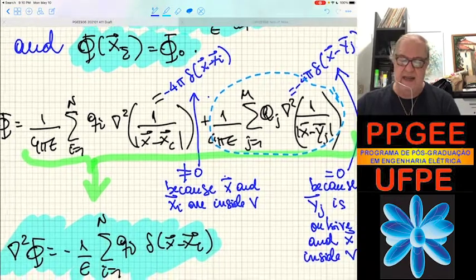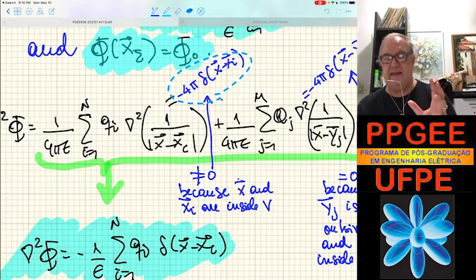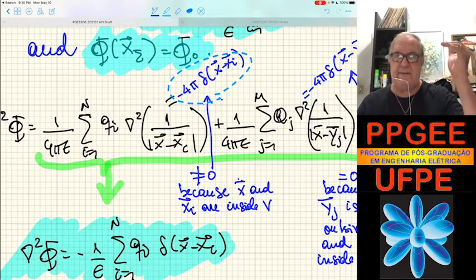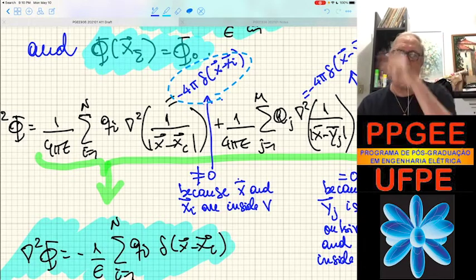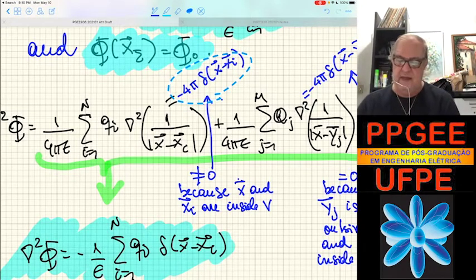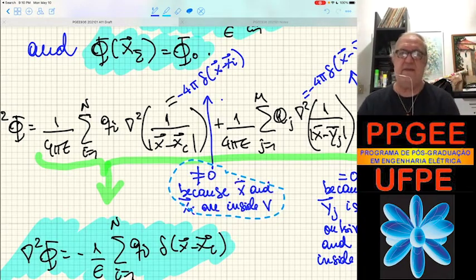On the other hand, the inner charges have a delta function associated with the Laplacian of the inverse function. And this delta function picks up at the location of those charges. So they have those high densities, then 0, then high density, 0. So in general, depending on the location inside, they might be 0 or not. So it's going to be a delta function.